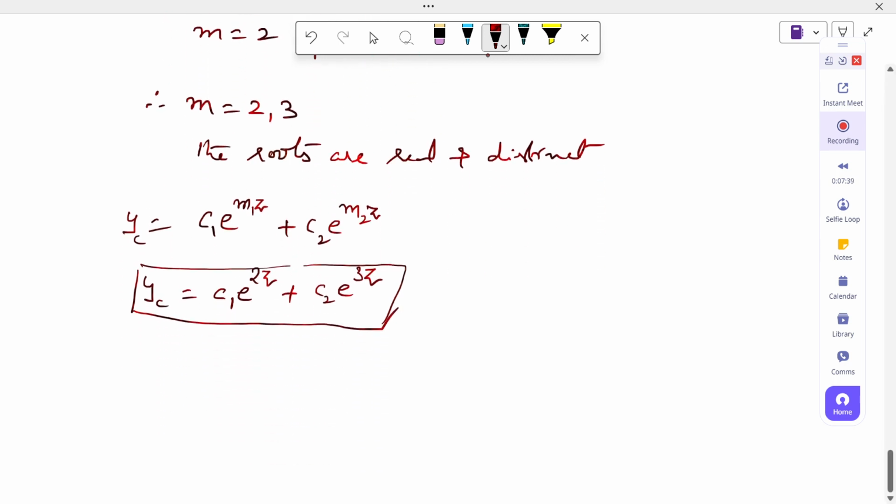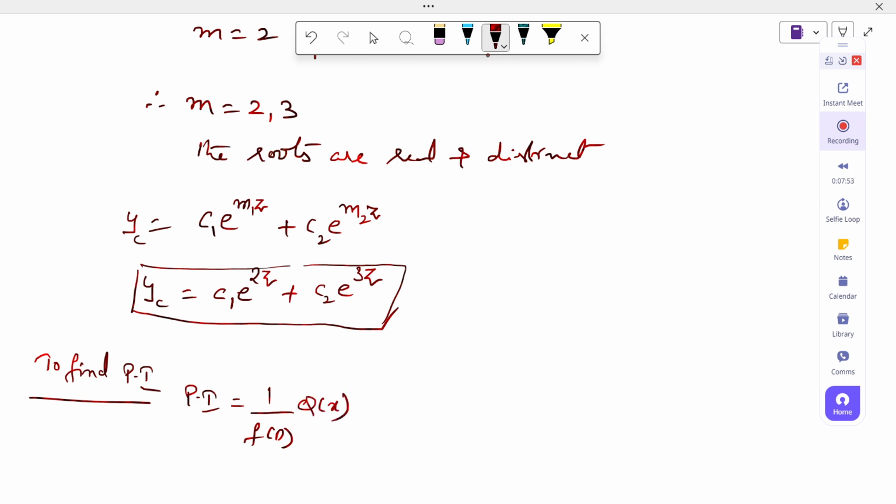Now we'll go for finding the PI. PI equals 1 divided by f of D into Q of x. It's Q of z, not x.